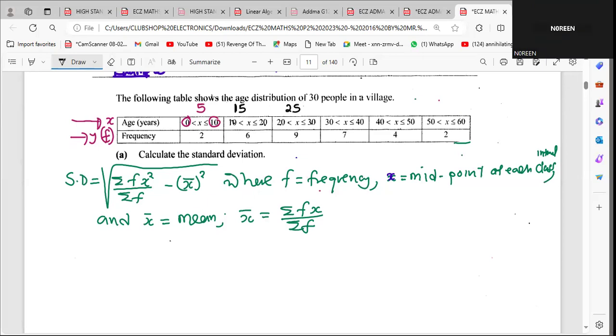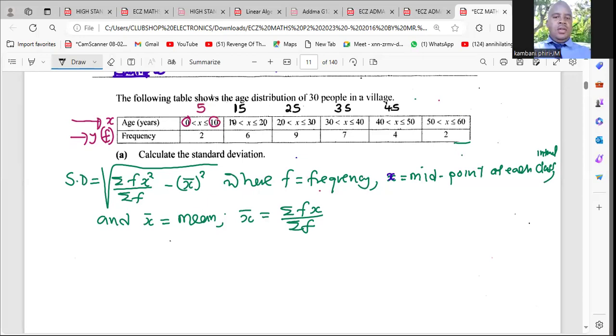Then 30 plus 40, 70, divided by 2, 35. Then 40 plus 50, 90, divided by 2, 45.